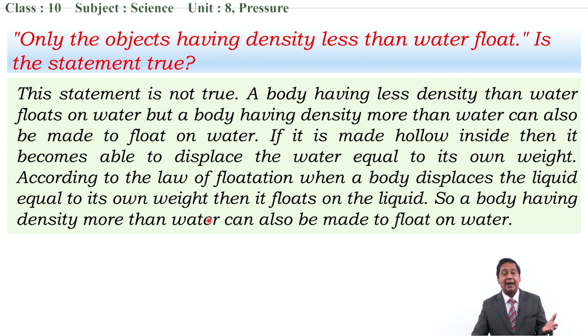So a body having density more than water can also be made to float on water. We have to be clear about this. This is one of the important facts that you can sometimes be asked about. A body having greater density floats on water, and you can say yes, because of the hollow space inside it.